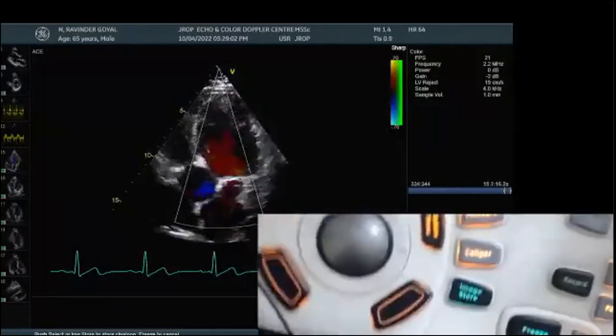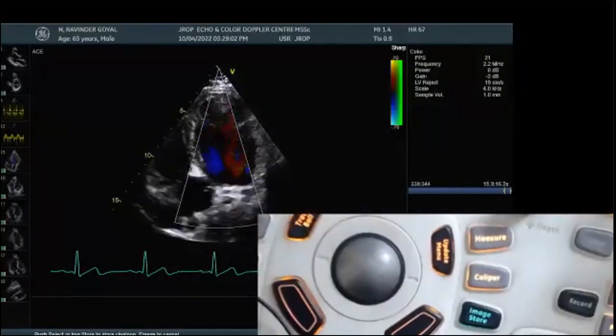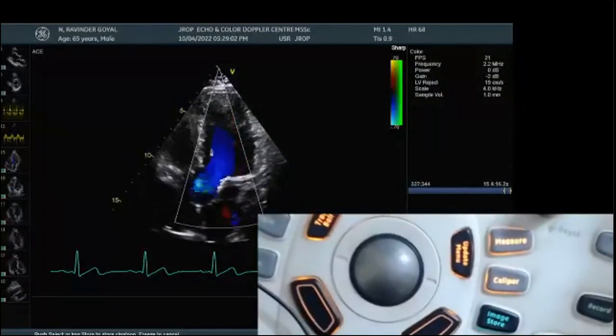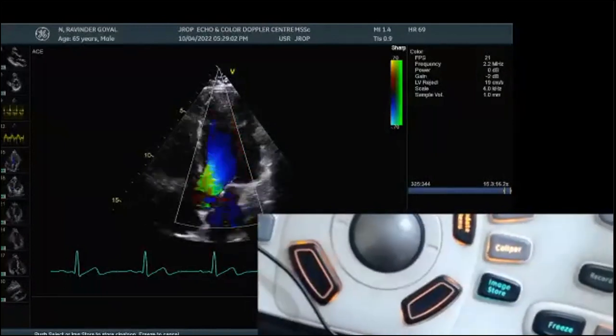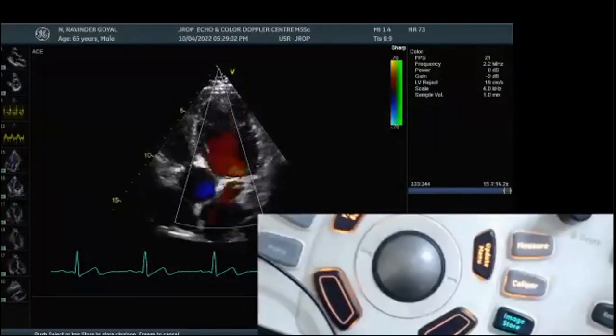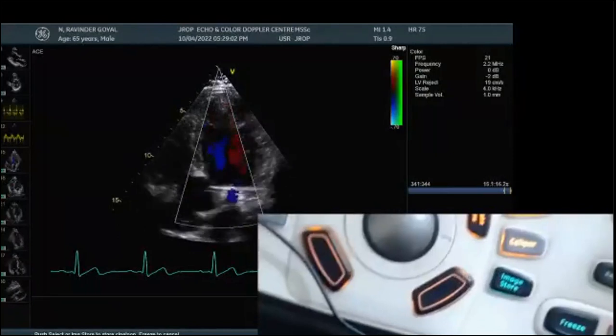Next comes, we have talked about pulse wave, we have talked about continuous wave Doppler, we have talked about color flow mapping, and I think that's what we are looking forward to.